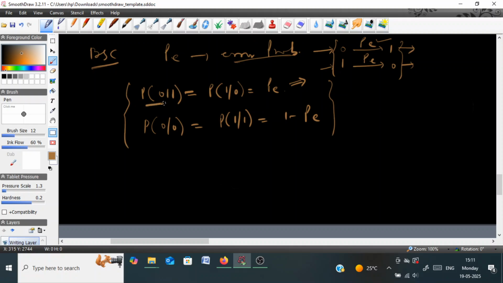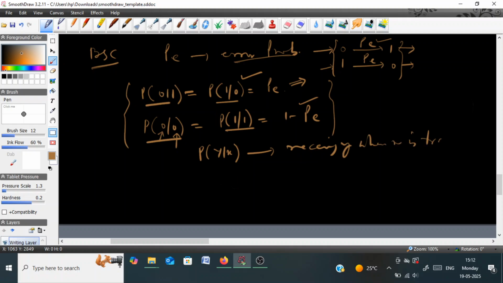So the probability of receiving 1 given 0 is transmitted is P. Definitely the probability of receiving 0 while 0 is transmitted is same as the probability of receiving 1 while 1 is transmitted, which is 1 minus P. Okay, so P of Y given X basically denotes the probability of receiving Y when X is transmitted.